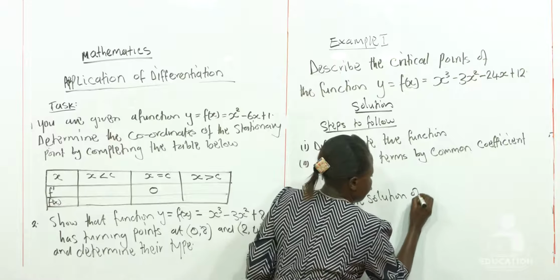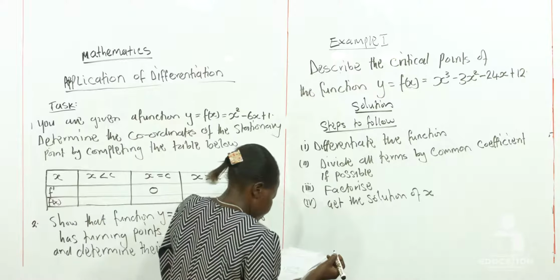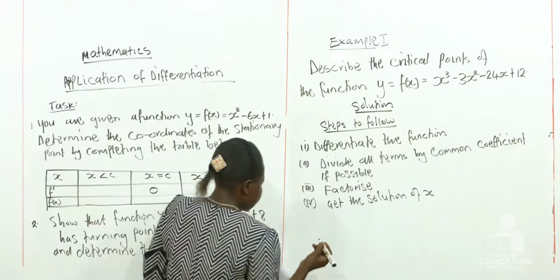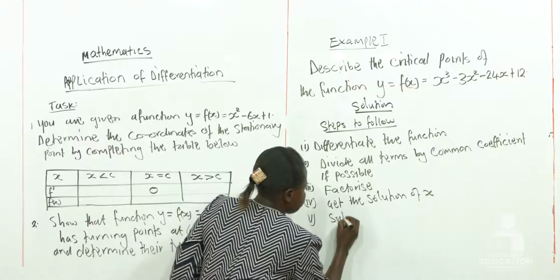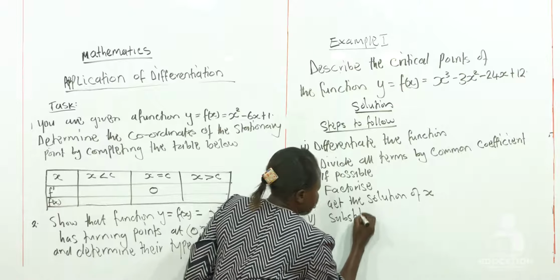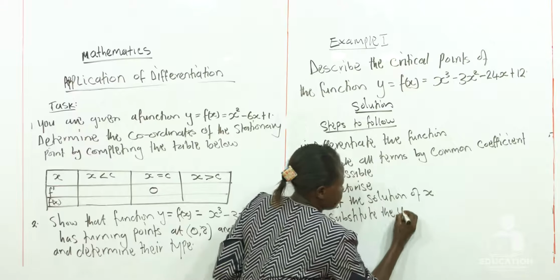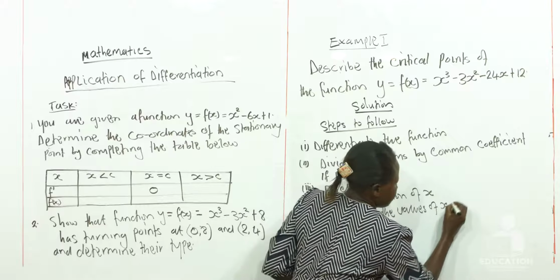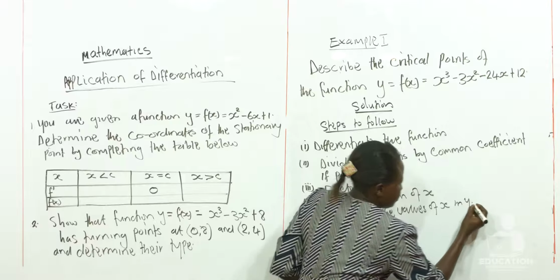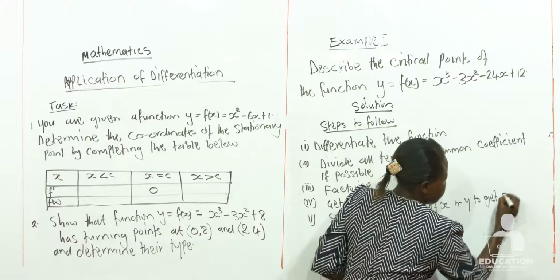And then Roman 5, substitute the values of x in y to get stationary points.